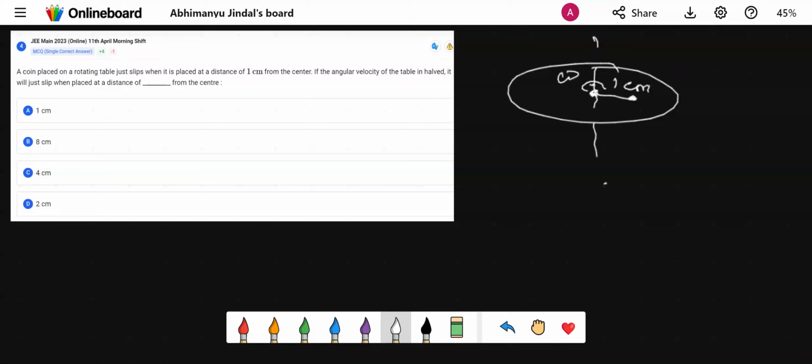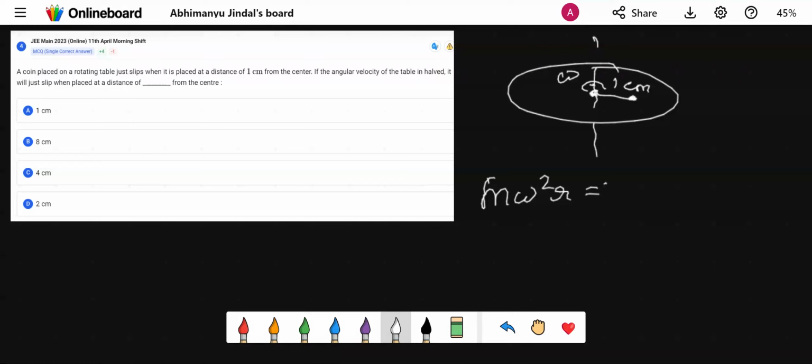Remember this one thing that I'm telling you. The mv square by r here comes due to the friction. Or let's say this is m omega square r, and this thing is placed on a rotating table.